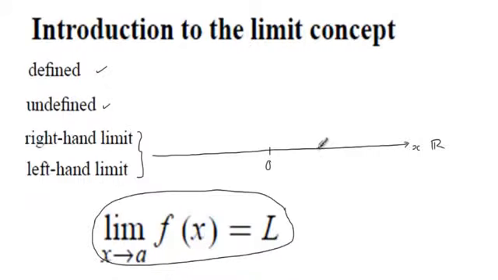Now, if we pick any number a, like we have here, you must notice that we can approach this number from only two directions: coming from the right or coming from the left. That should help you to later understand what we mean by right-hand limit or left-hand limit.